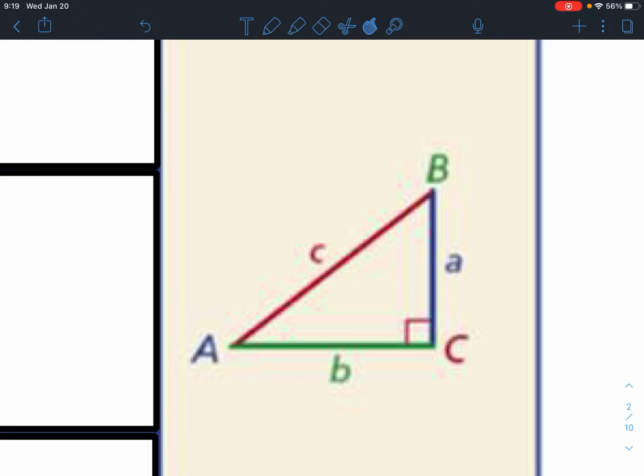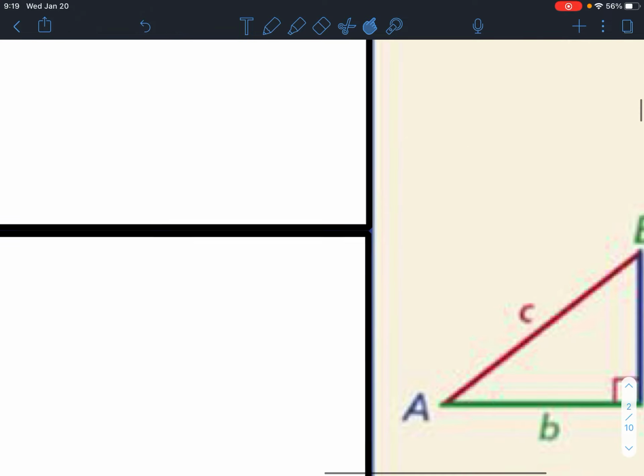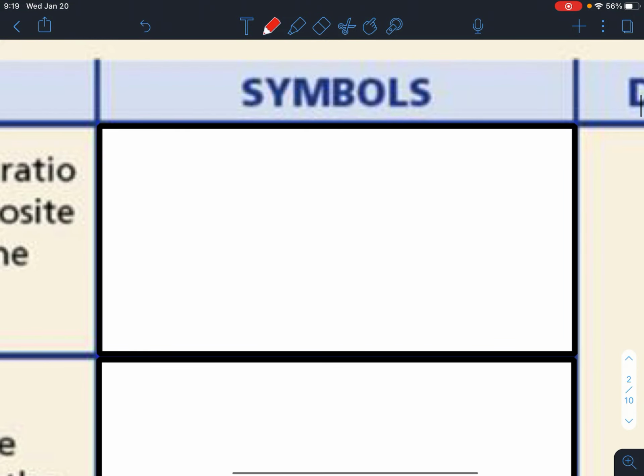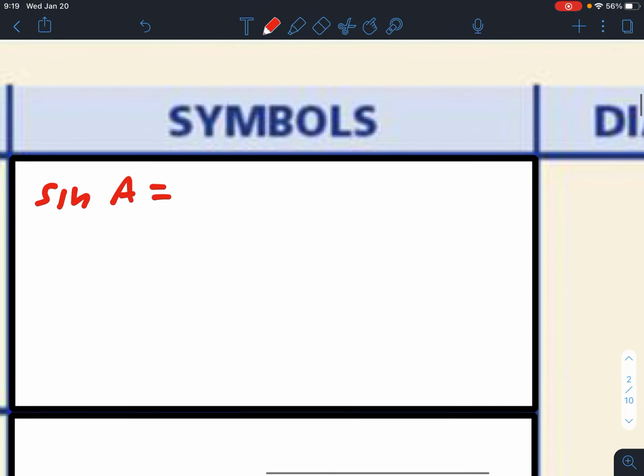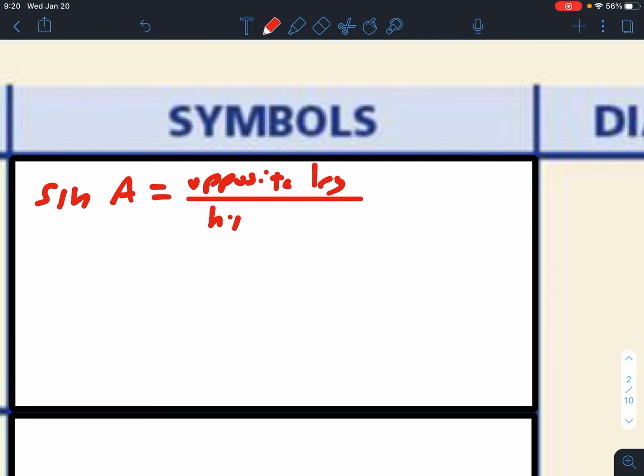Okay, so let's look at, for example, angle A. We would write this, the sine of A, and what does that equal? That equals the ratio of the length of the leg opposite to the angle to the length of the hypotenuse. So the ratio, that's a fraction, of the leg that is opposite the angle, so we call that the opposite leg, to the hypotenuse.